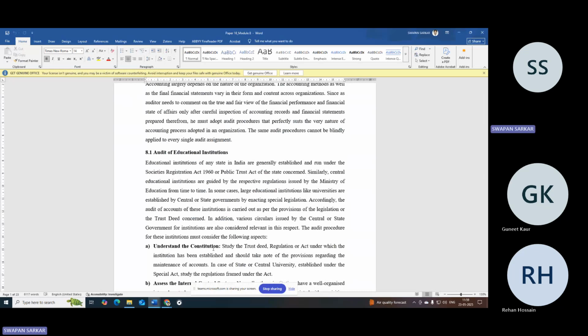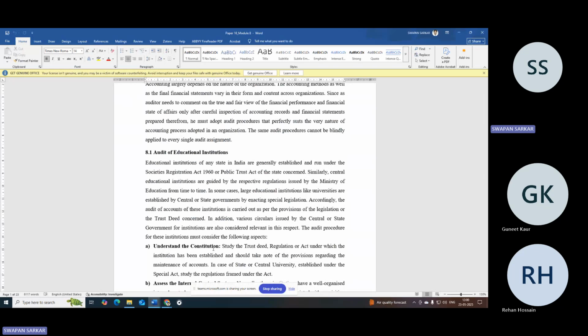In some cases, large educational institutions like universities are established by central or state government by enacting special legislation. Accordingly, the audit of accounts of these institutions is carried out as per the provisions of the legislation or trust deed concerned.